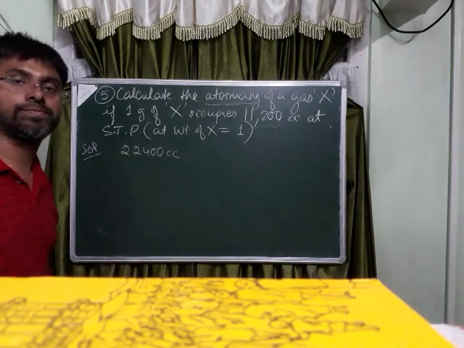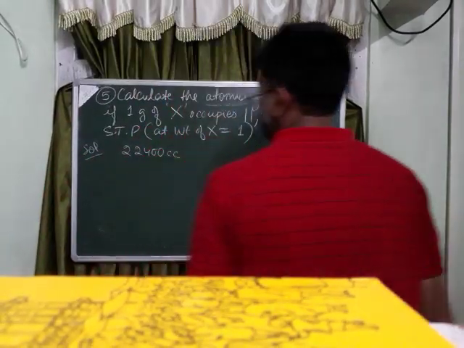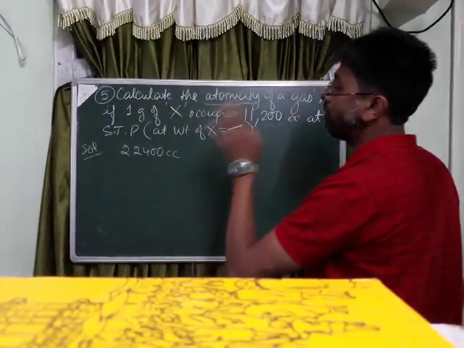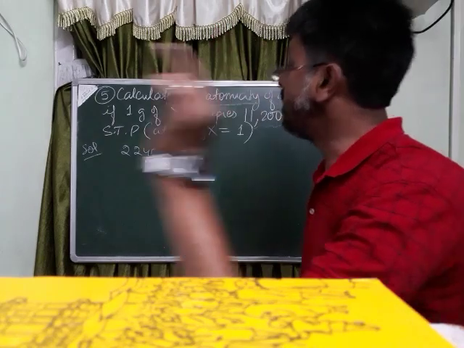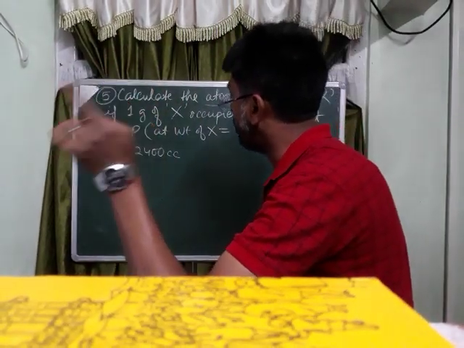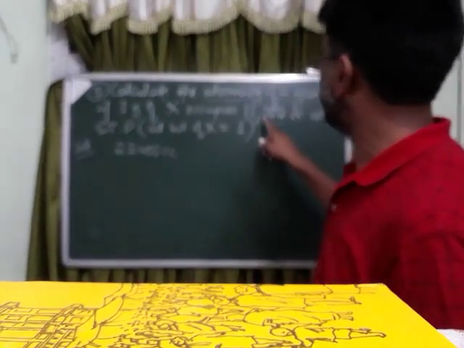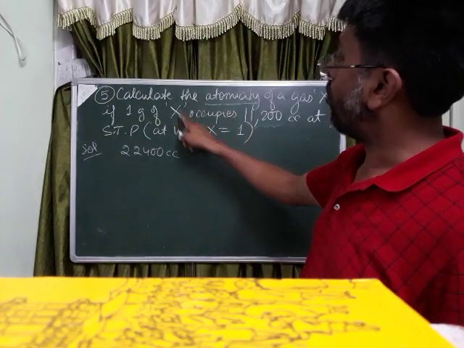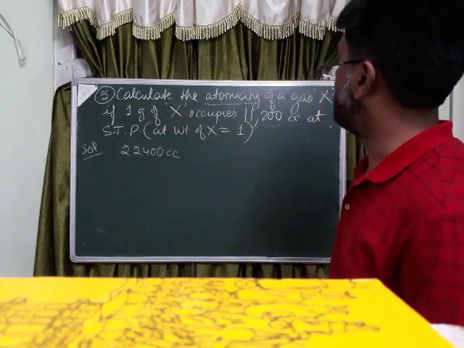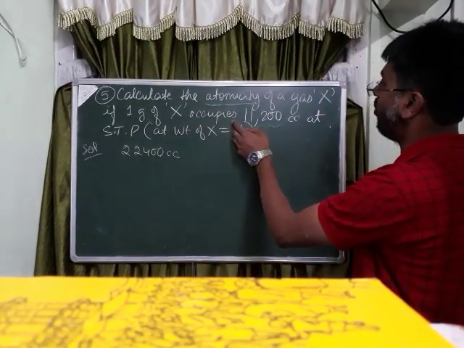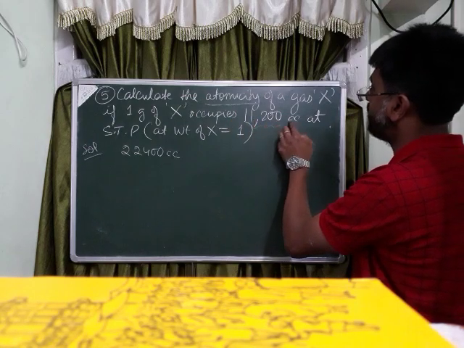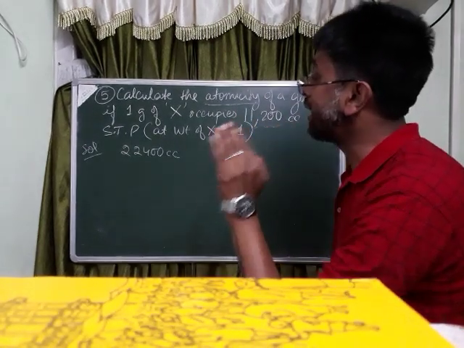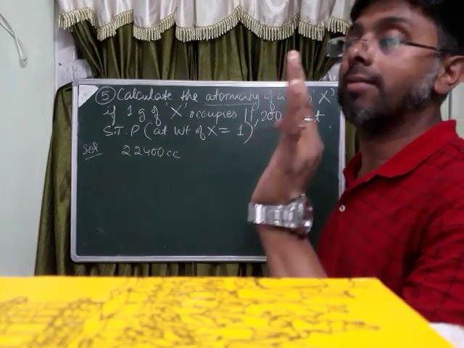Now, 22,400 centimeter cube of any gas will be equal to its gram molecular mass. But here, 1 gram of the gas X is occupying a volume of 11,200 centimeter cube. So from here, we can get an idea about the molecular mass of the gas.